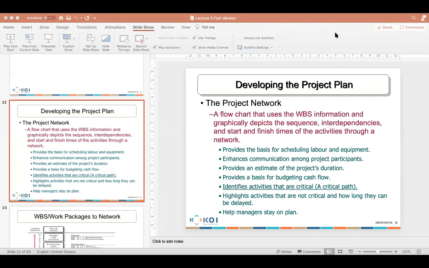Okay, network diagram. Okay, project management. No, I just want to have an image.